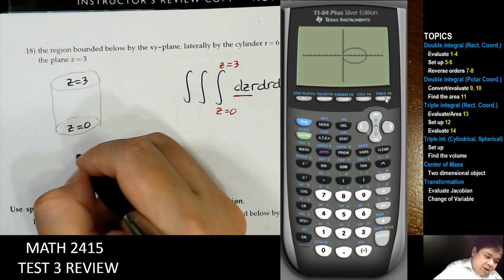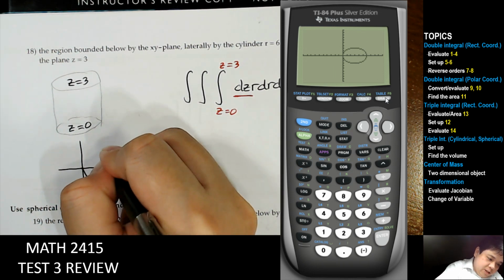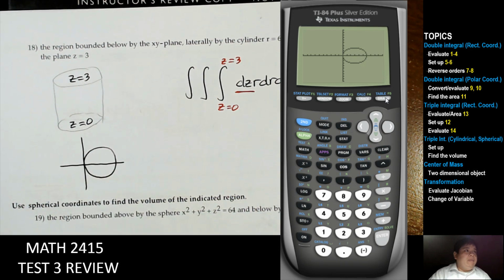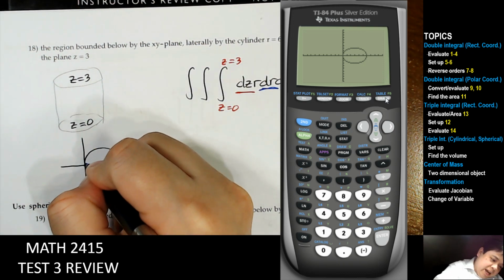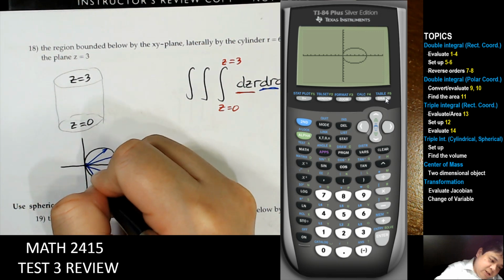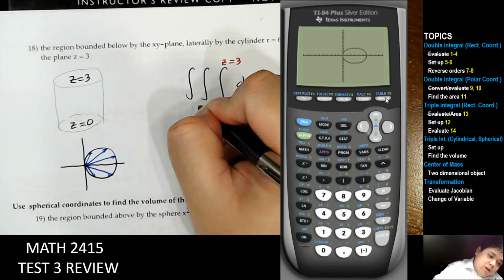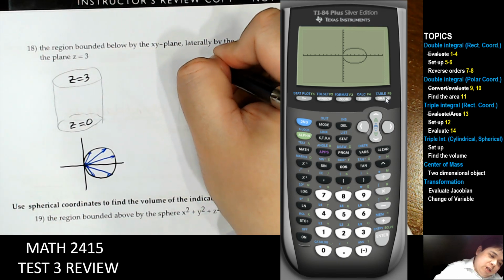I had to sketch that real quick. But if we look from the center out, we only see the curve. So r will go from 0 to 6 cosine theta.